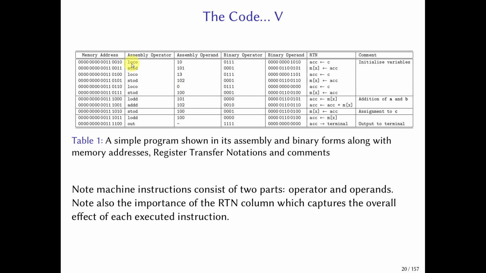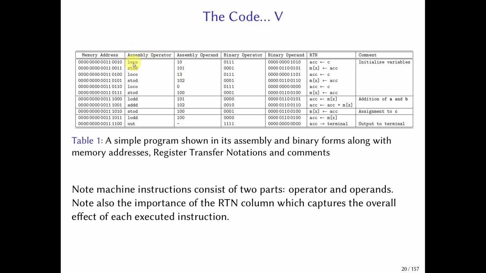So if I was to tell you that our first instruction is loco 10, then we would say that the operator part is loco, and the operand part is 10.